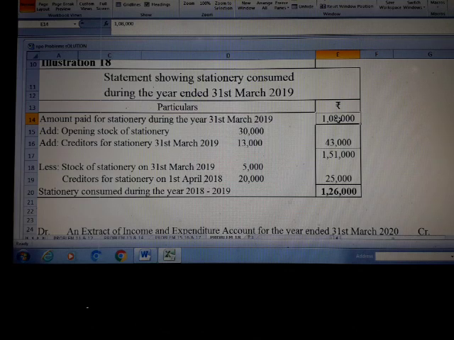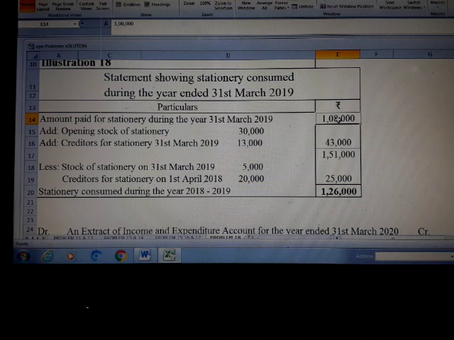So from 1,51,000, if I deduct 25,000, I will get an amount of rupees 1,26,000. This 1,26,000 is the amount which I have to take to the debit side of my income and expenditure account.